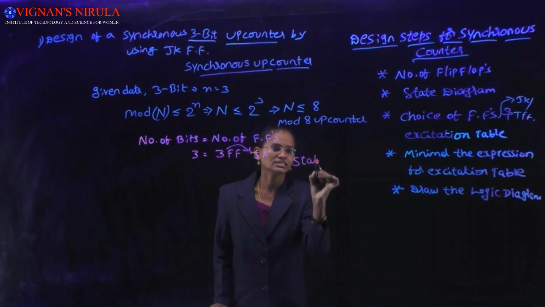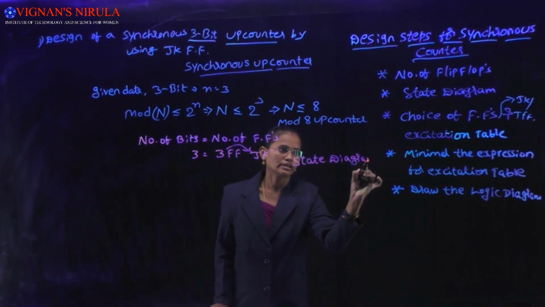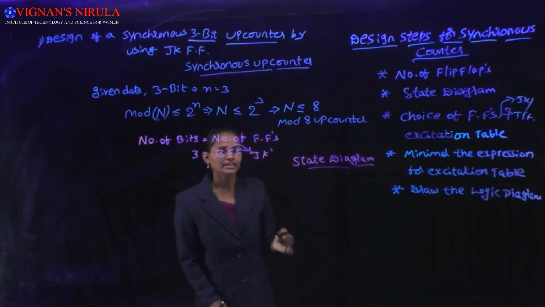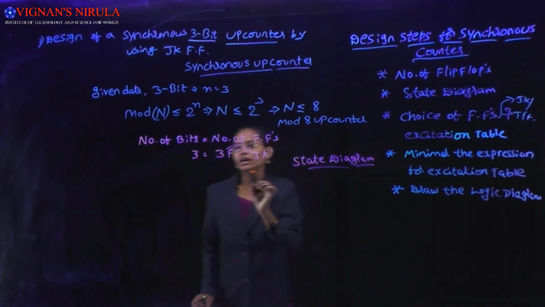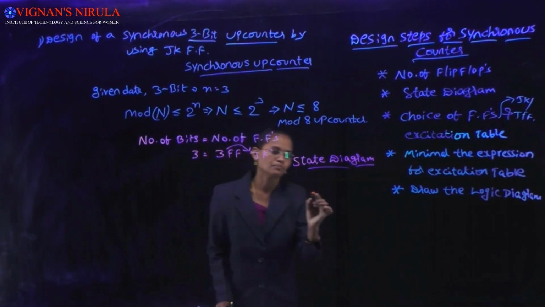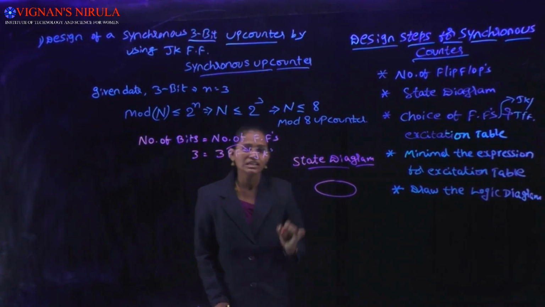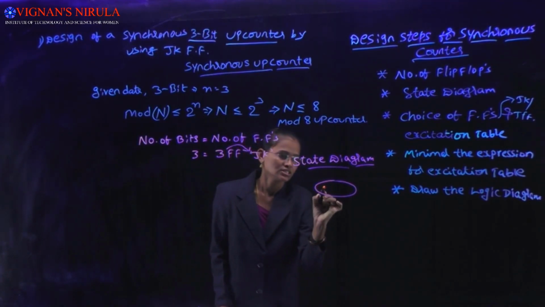Okay, in the state diagram, here the number of flip-flops is 3, so we consider 3 inputs, that is 0 0 0.